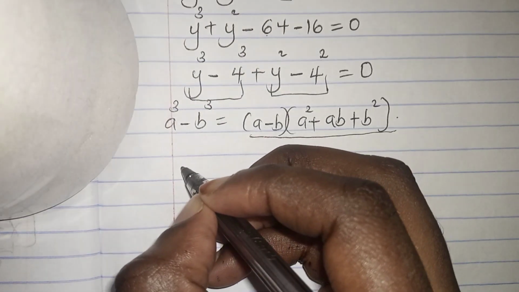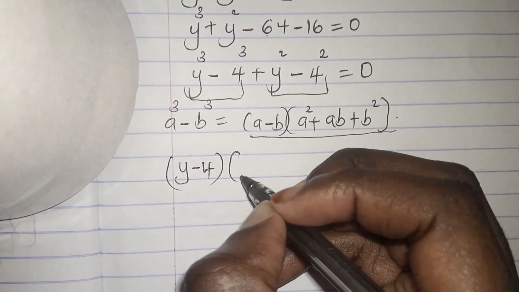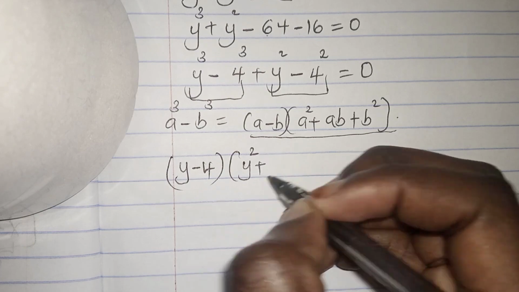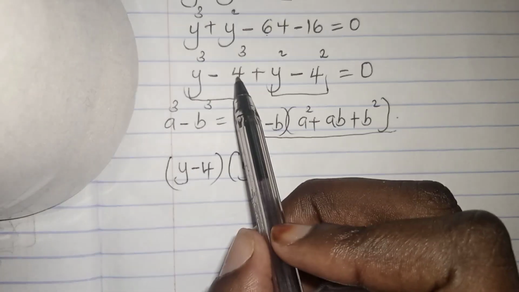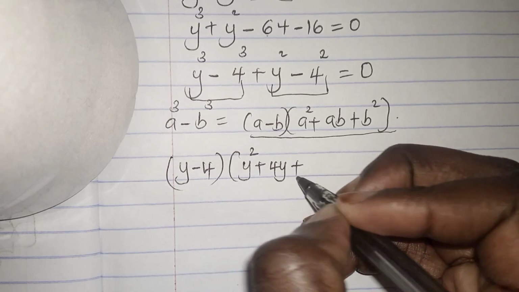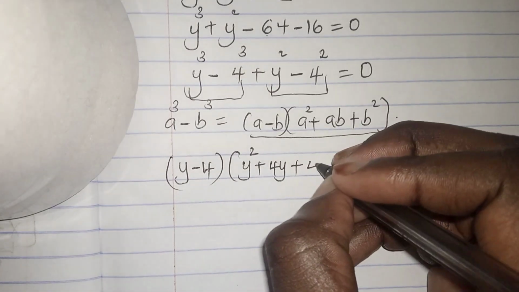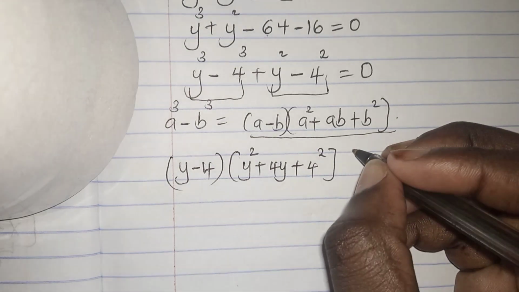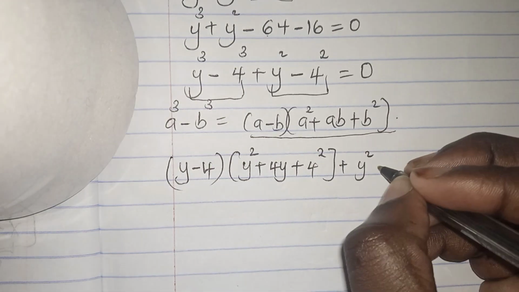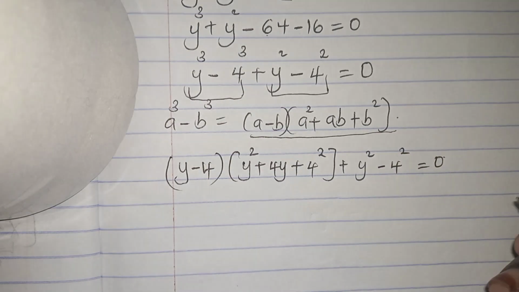So this is y minus 4 bracket a squared, so this is y squared plus ab, so this is 4 times y, so this is 4y plus b squared. So our b here is 4, 4 squared, bracket, plus y squared minus 4 squared is equal to 0.